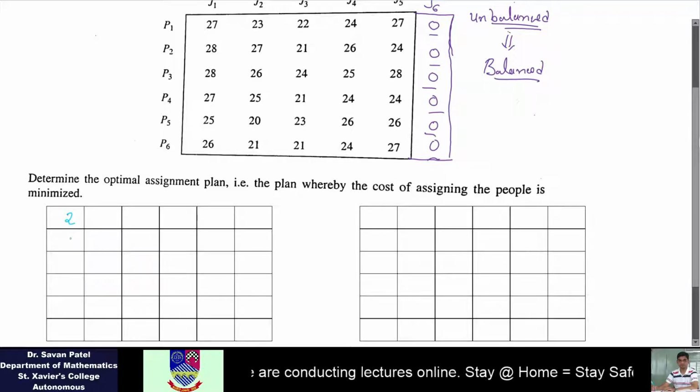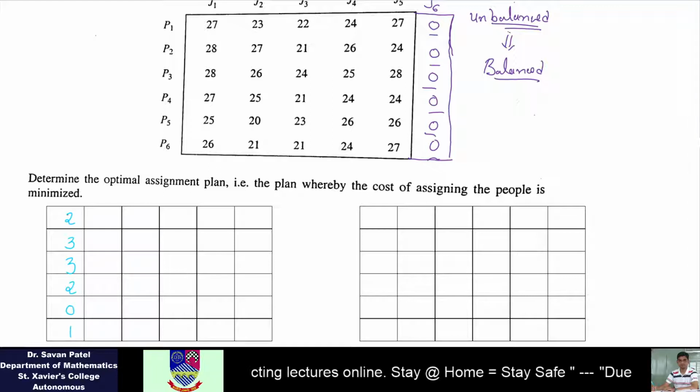Then 28 minus 25, so it is 3. Then 28 minus 25, so it is 3. 27 minus 25, so 2. 25 minus 25, so 0. 26 minus 25, so 1. So the first column we have done, subtracting from each and every entry.